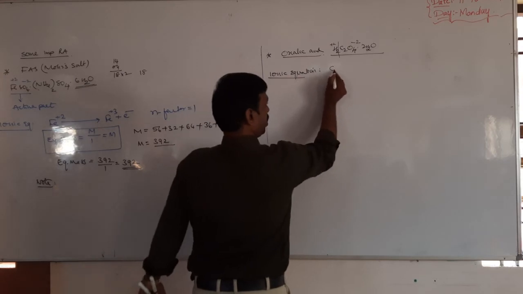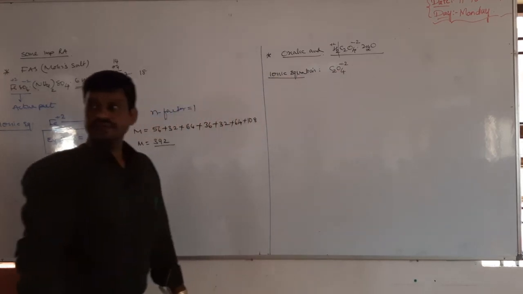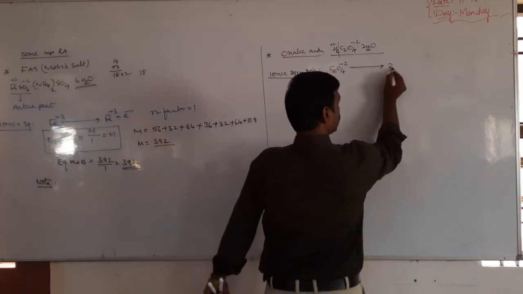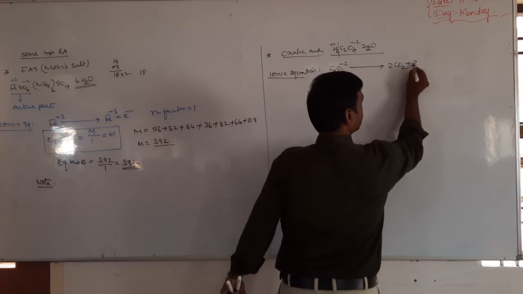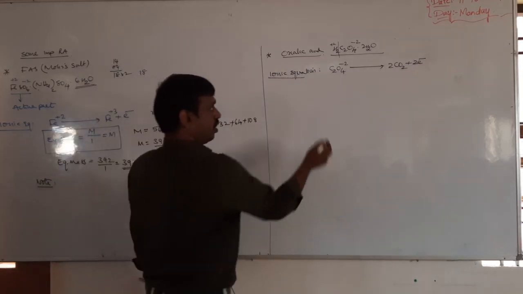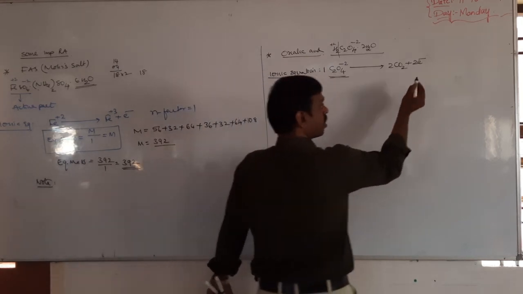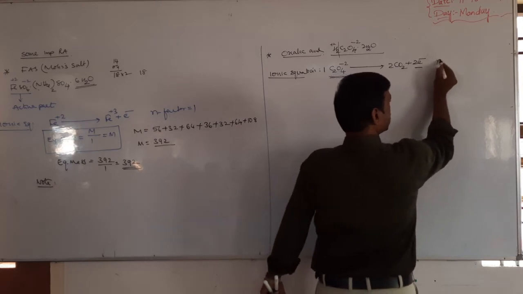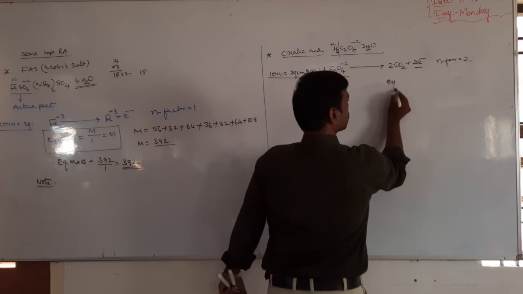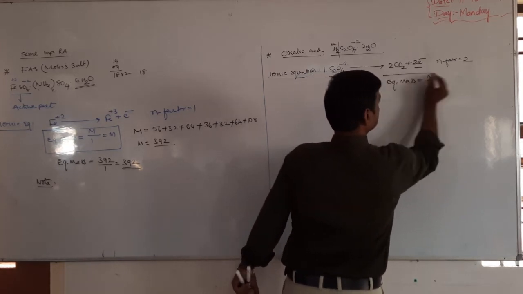So take only C2O4 -2, the oxalate ion. This oxalate ion converts into 2 carbon dioxide plus 2 electrons. Yes or no? Tell me. It is 1 mole. 1 mole of oxalate ion gives how many electrons? 2 electrons. Therefore, what is the N factor? N factor is 2. What is the equivalent mass? M by 2.